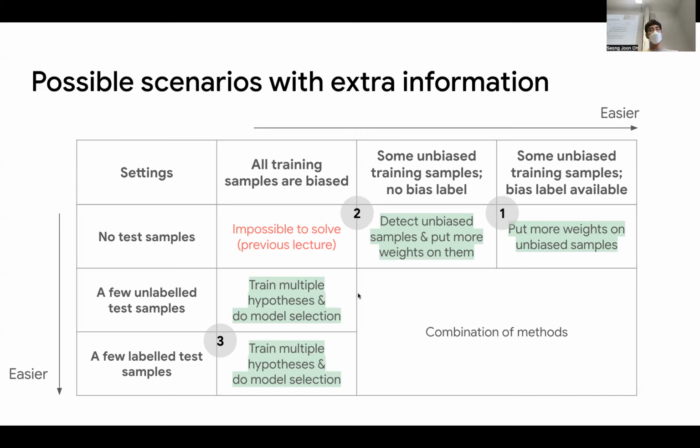The other axis is what we're going to take a look at today, which is the availability of the test samples, or the deployment scenario samples. Because once we have access to those samples, then we know the target distribution.